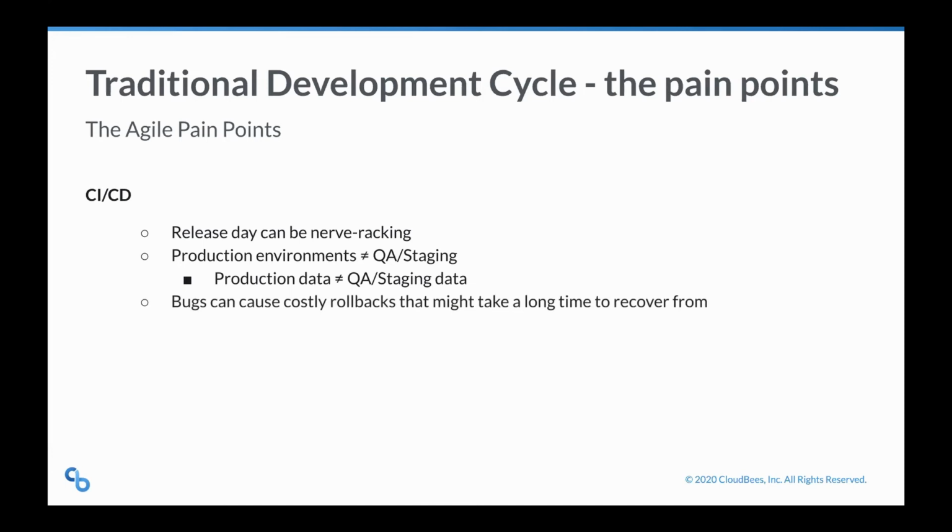And of course, once you actually release something, there are costly rollbacks. So you release something to production, you didn't realize there was bad data in production, and all of a sudden your customers are getting 500 errors, or something else is happening. This can take a long time to recover from. You have to create a revert commit and merge that, and all the code that your developers have been working on for the last 2 weeks is now gone.